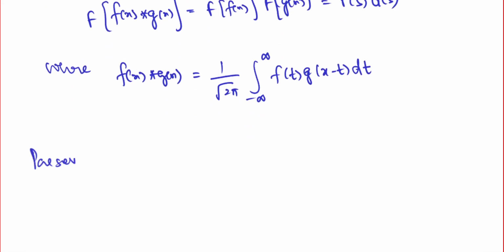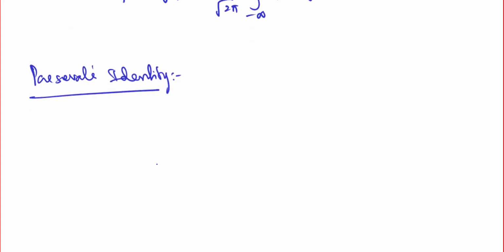Parseval's identity. Some people call this the Parseval formula, some call it the Parseval theorem. It's okay, all of them are the same. Suppose f of x has a Fourier transformation, f of s.